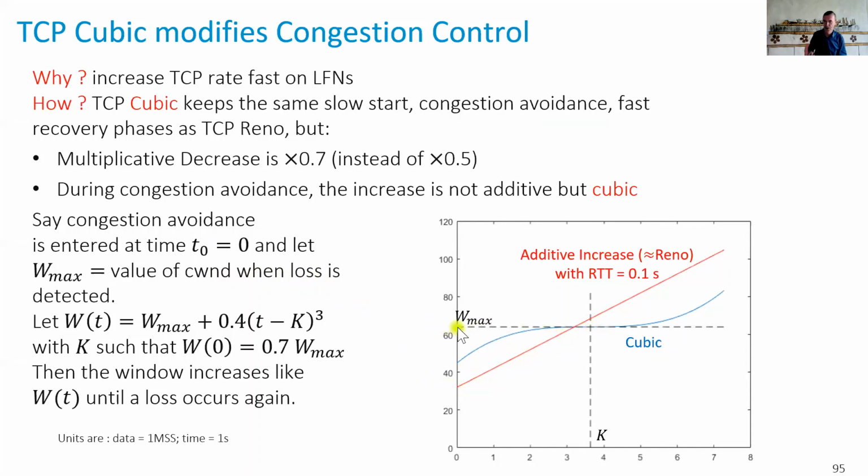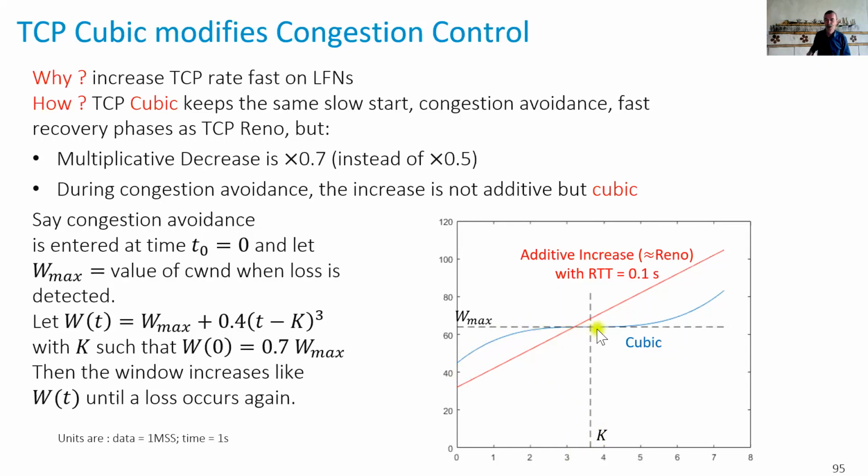When a loss is detected, if we ignore the details of fast recovery or slow start, we decrease by 50% with TCP Reno, and we increase linearly. Here we will decrease by 70%, and we will increase by this function here, which is a cubic function designed in such a way that at some point here, it will reach the value of W max here.